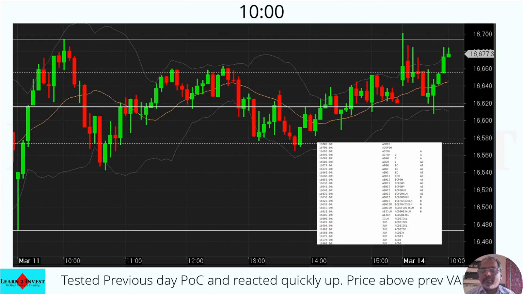After a little while, at around 10 o'clock, the buyers here were won over by the sellers. Sellers came down, and then there was another set of buyers around the point of control, and these buyers were powerful enough to push the market again all the way above the value area high.